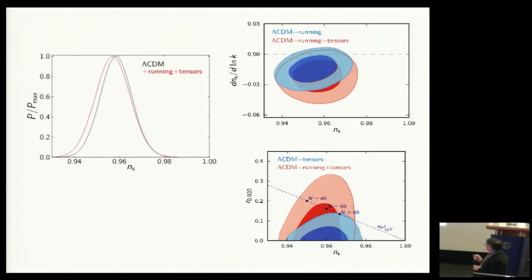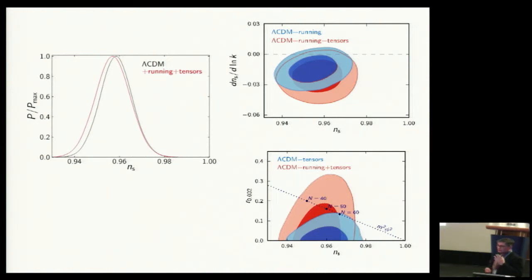The new thing is that this is extremely insensitive to the assumptions about the perturbations. If you allow running and tensors, it hardly makes any difference to the constraint. It's also relatively insensitive to the matter content. If you add additional relativistic species, the favored value is always less than 1.